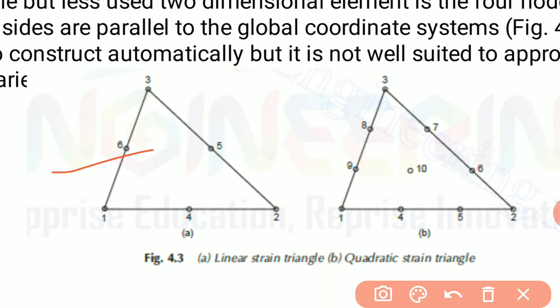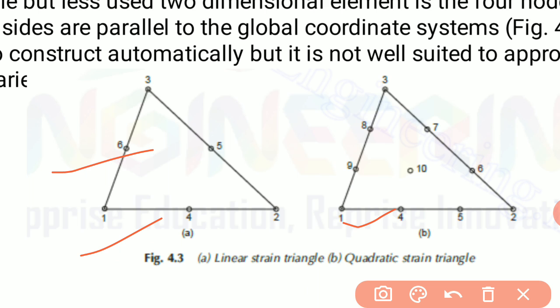And one more is the quadratic strain triangle, which has 10 nodes. So the 6-noded triangular element is known as the linear strain triangle, and the 10-noded triangular element is known as the quadratic displacement triangle.